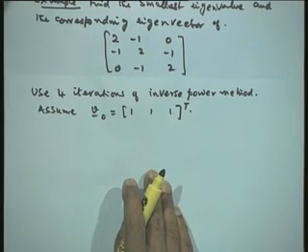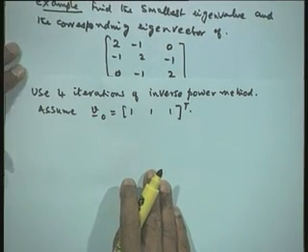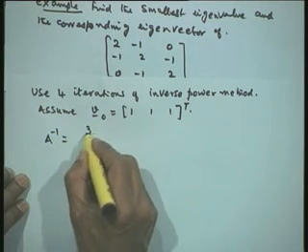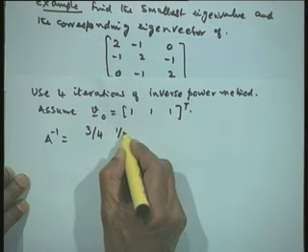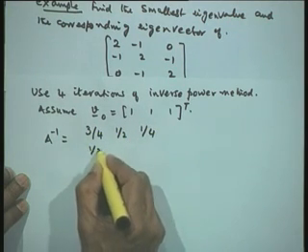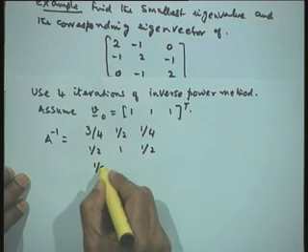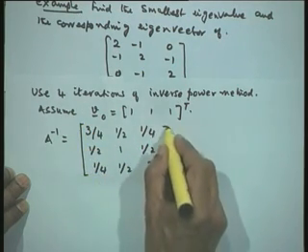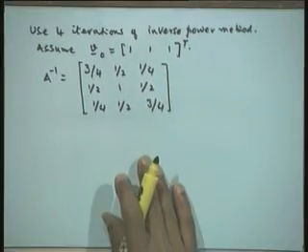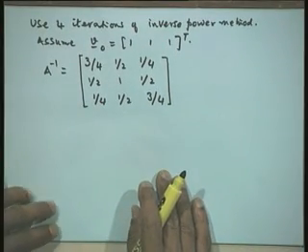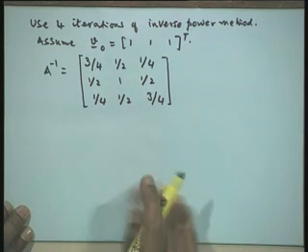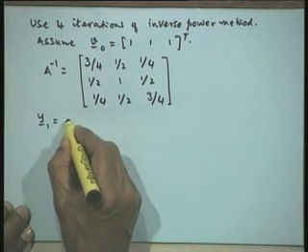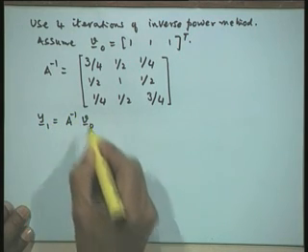Now, let me apply the first method that we have, that is A inverse. Let us find A inverse for this matrix. The value of A inverse is 3 by 4, 1 by 2, 1 by 4, 1 by 2, 1 by 2, 1 by 2, 1 by 4, 1 by 2, 3 by 4. Now, I am applying the power method on this. Therefore, I will determine y 1 is A inverse V 0.